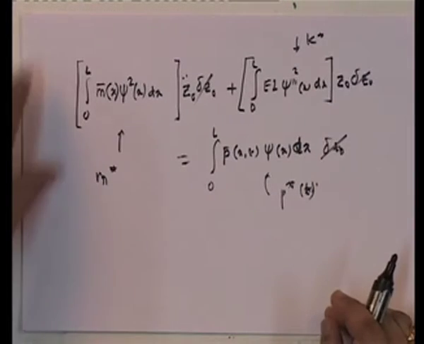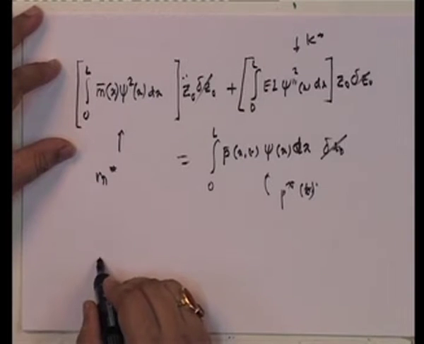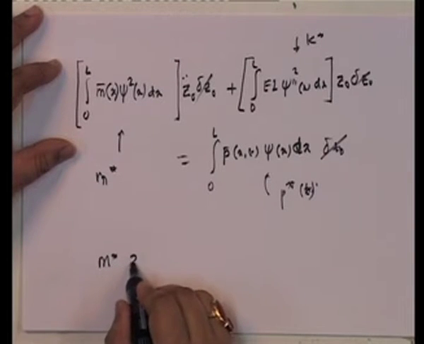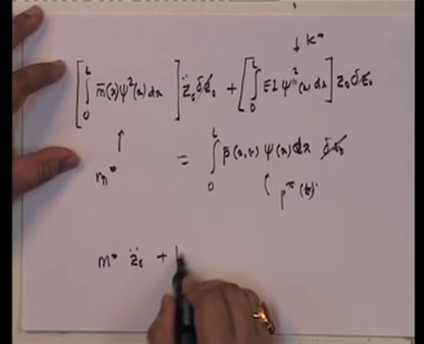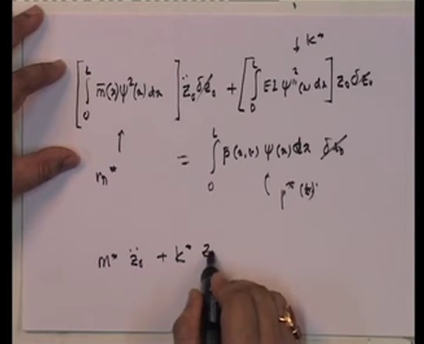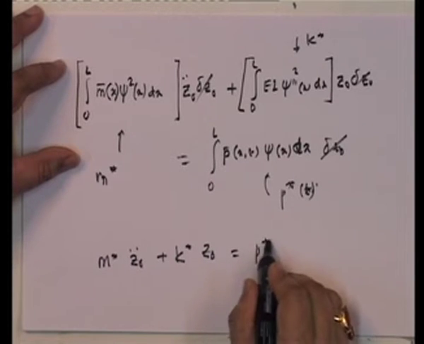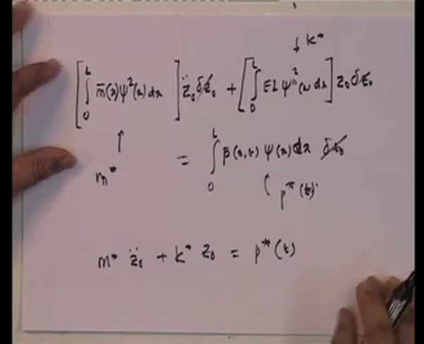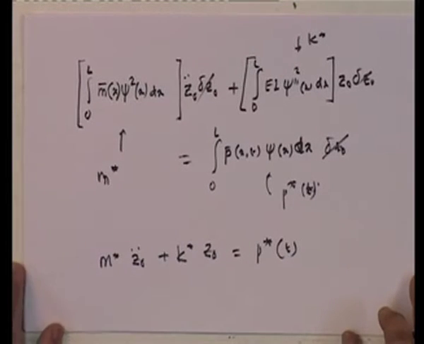Okay. So, the final equation then becomes m star z double dot plus k star z equals p star. So, that is what happens over here. So, now the question then becomes that this is the equation of motion, and my m star, I will just rewrite these terms that we have looked at. We will just describe these.